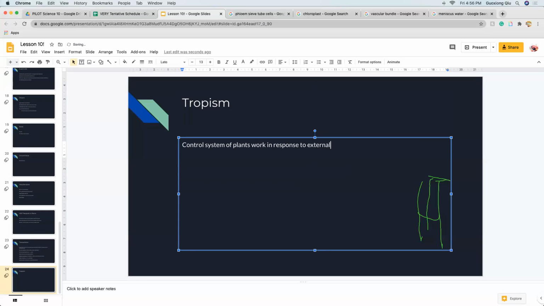This will make more sense really soon. Let me erase this drawing. We're going to learn about two types of tropism: phototropism and gravitropism. There might be more types, but we don't need to know those.